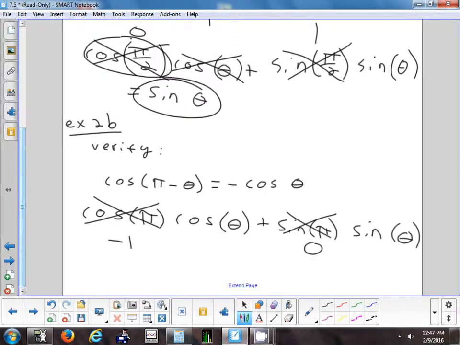And what's 0 times sine? So this whole second part cancels out, and all you're left with is negative cosine. So we just proved that cosine of pi minus theta is the same as negative cosine theta. Questions on that one?